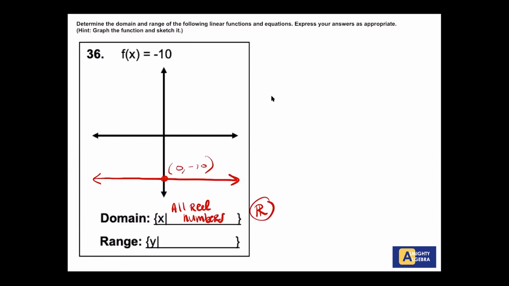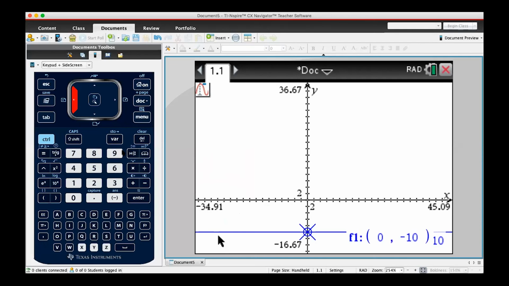The range is the y though. What possible y values can this graph take? Let's go back to our calculator and continue tracing. Let's look at something here. As I go to the left, our x coordinates are changing, but look at the y coordinate.